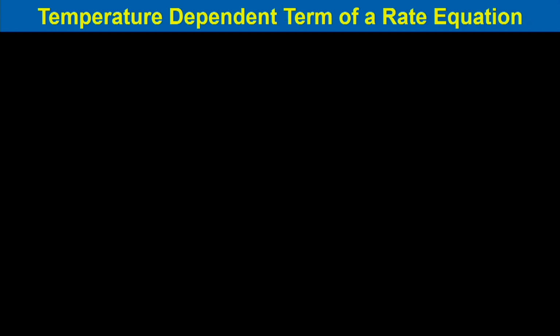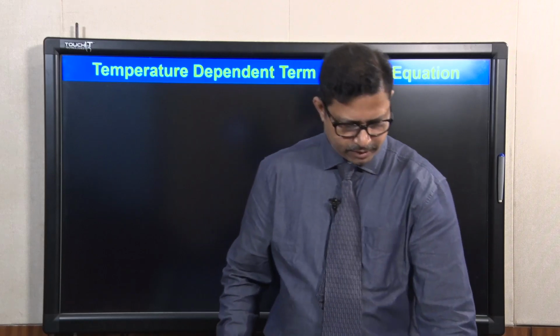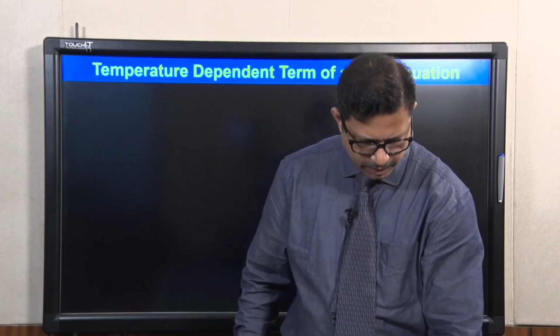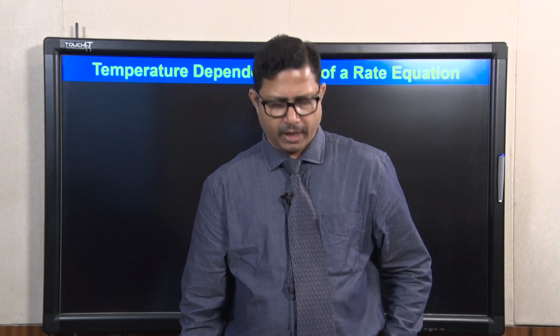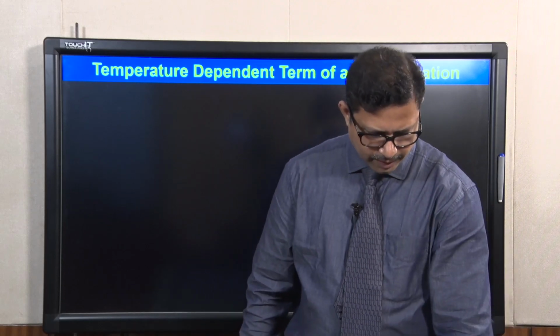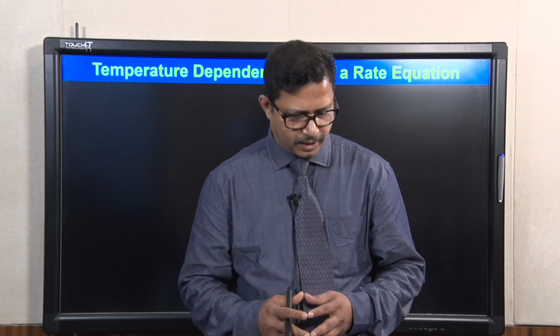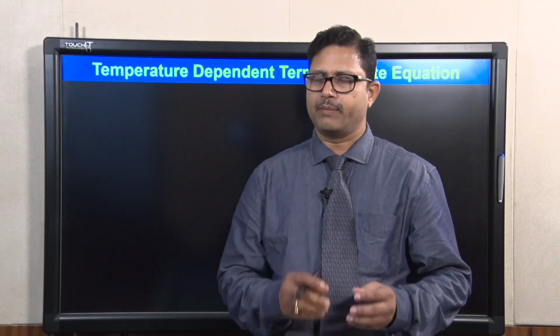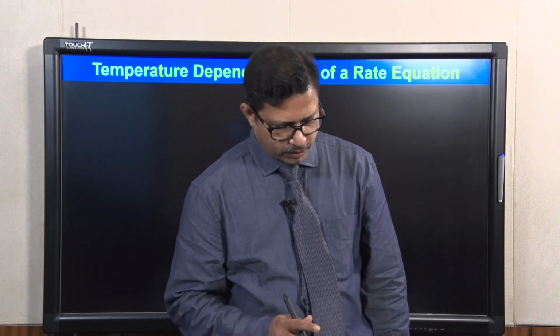Now, the temperature dependent term of the rate equation. As we have seen, particularly for the elementary reactions, the rate expression can be written as a function of temperature as well as composition.